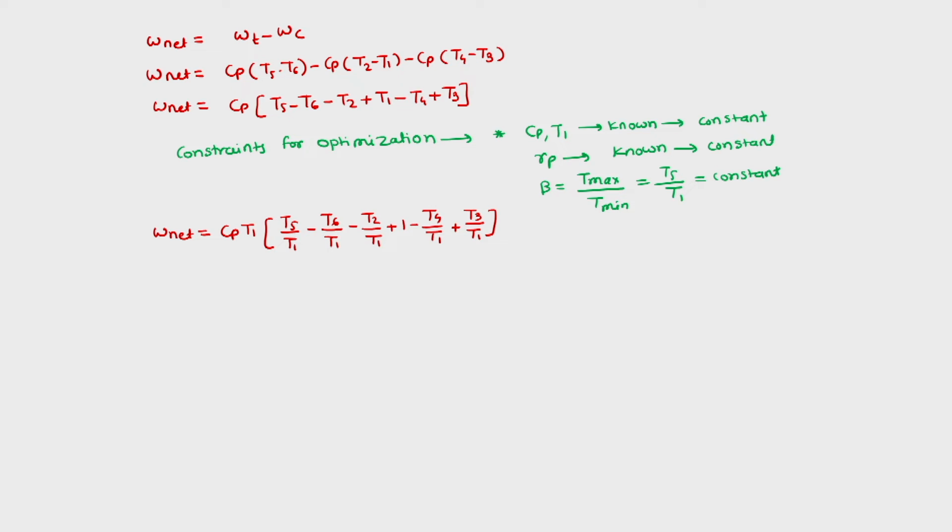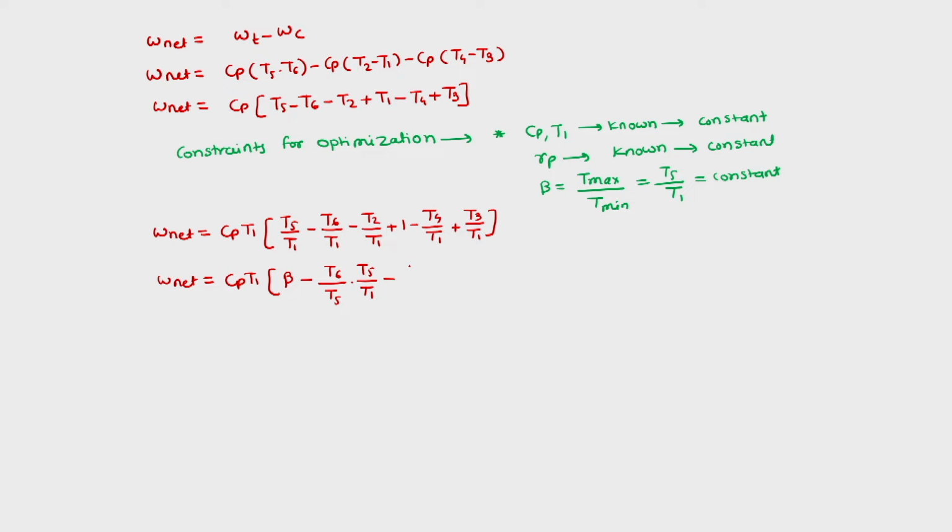So T5 by T1 is beta. So W net is equal to Cp T1, and then this is beta, so minus T6 by T1. So we'll do the same thing: T6 by T5 into T5 by T1.